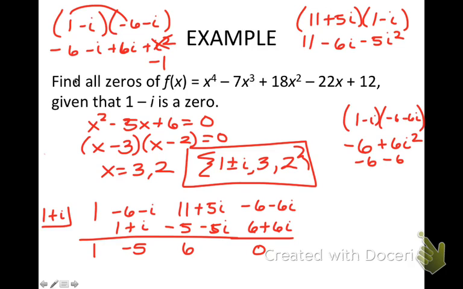Now let's think about this though. If you graphed this on your calculator, where would the x-intercepts be? 3 and 2. So couldn't we use the 3 and the 2 in synthetic division also? Yep. And then it would have gotten us to whatever 1 plus i times 1 minus i is.